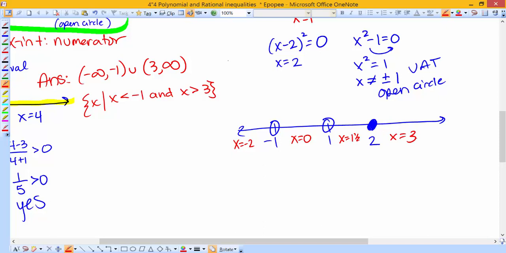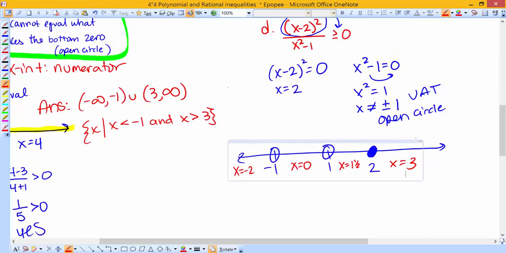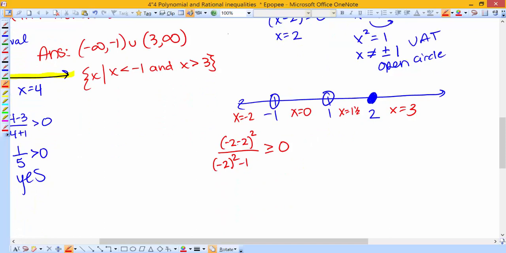Again, you need to make sure you remember that you don't just skip the in between the 1 and the 2 because you see, oh, that's a fraction, and I don't want to deal with that. Don't be lazy. So I have x minus 2 squared, so -2 minus 2 squared over -2 squared minus 1, and it has to be greater than or equal to 0.